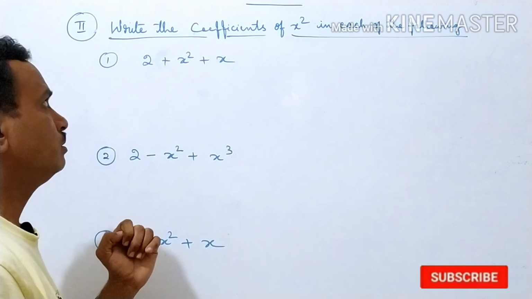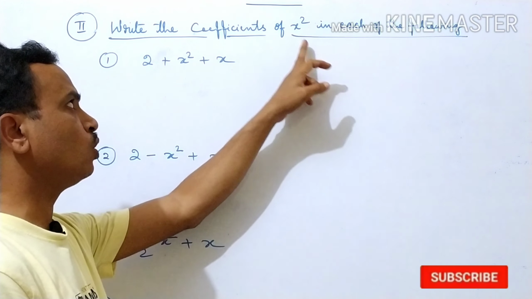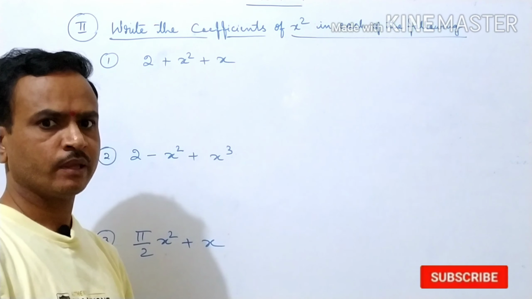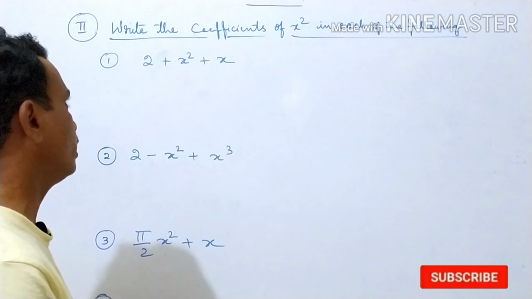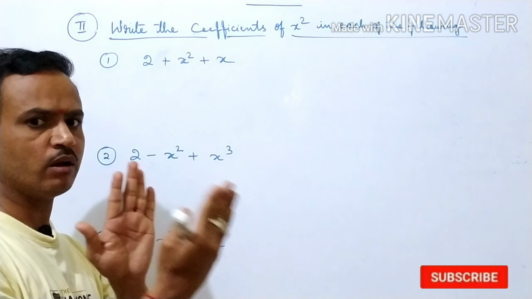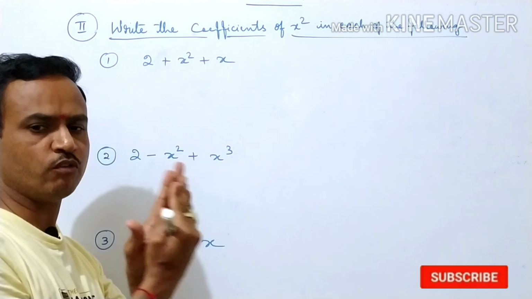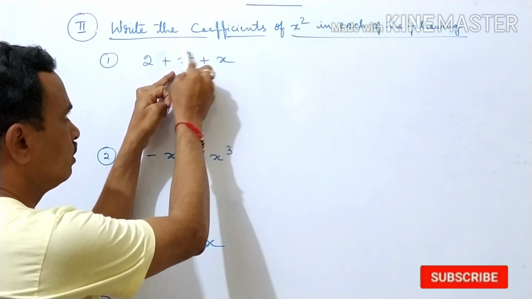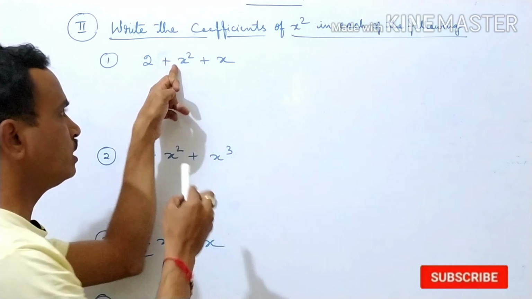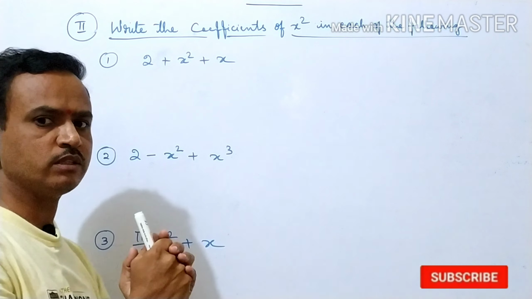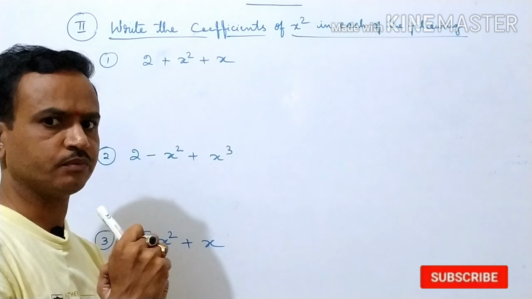Now write the coefficients of x square in each of the following. Coefficient of x square means the neighbor, or close friend, of x square. Here, is any number there along with x square? No. If nobody is there along with x square, we should take 1.